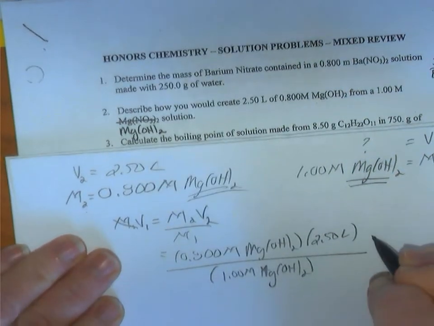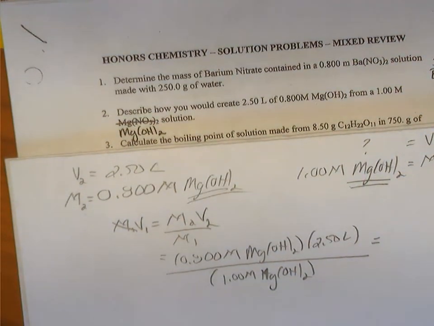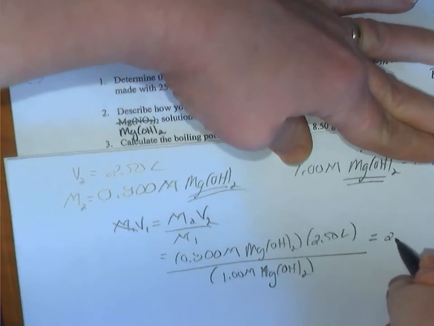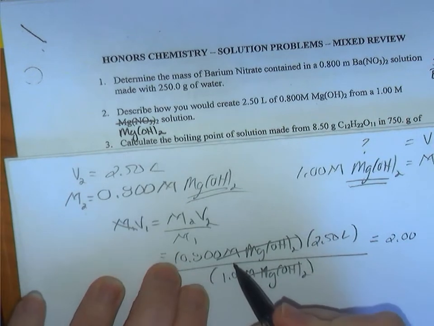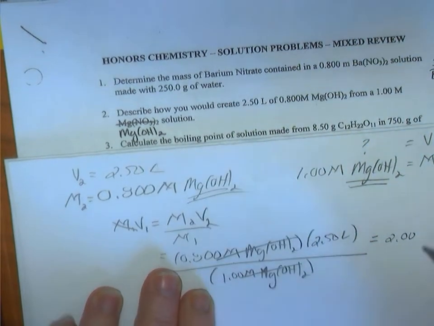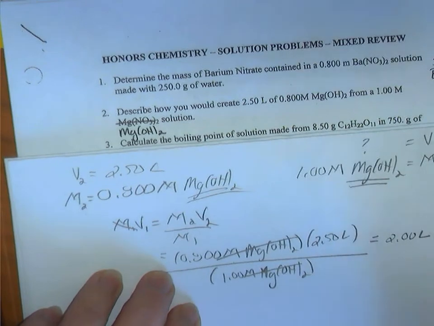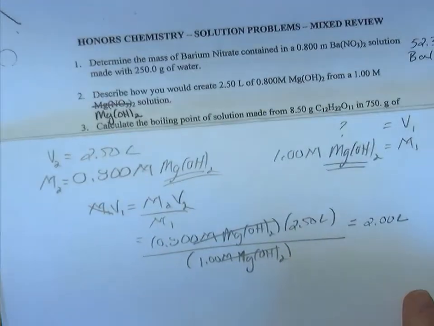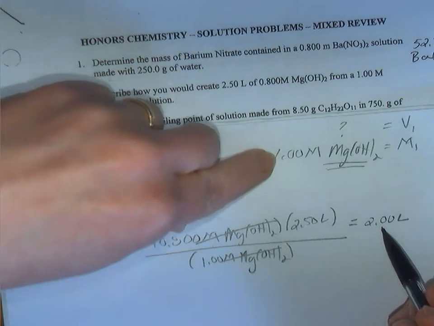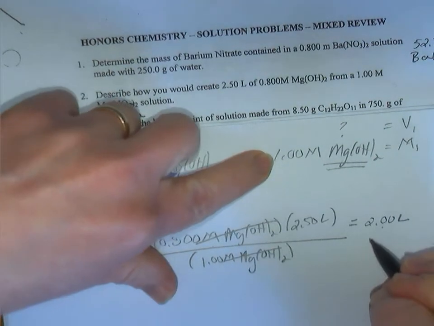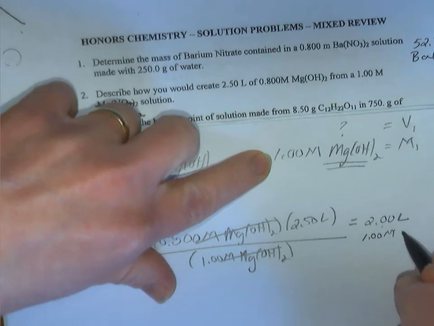All right, and the answer that I got is 2. Now, your units of molarity of your solute cancel. So this will be liter. But liter of what? Well, what I found was my V1, which is referring to the 1 molar magnesium hydroxide.